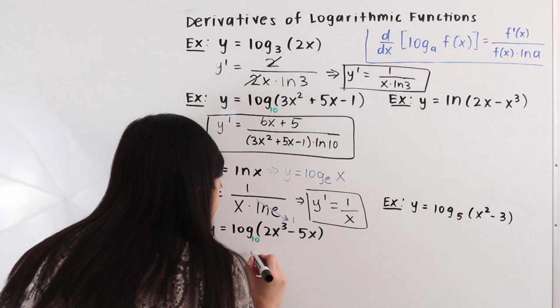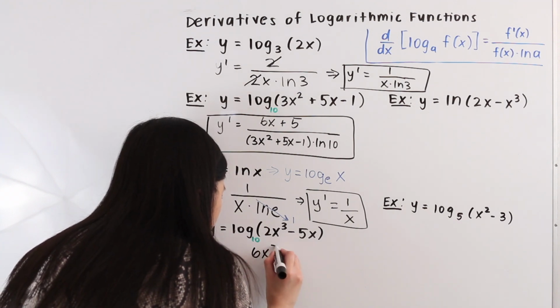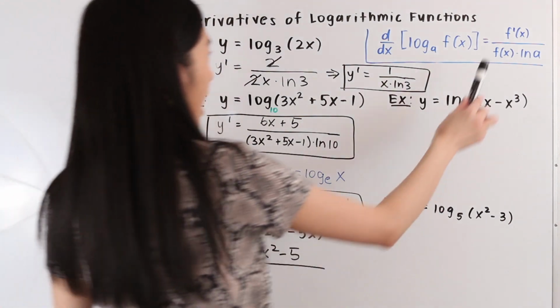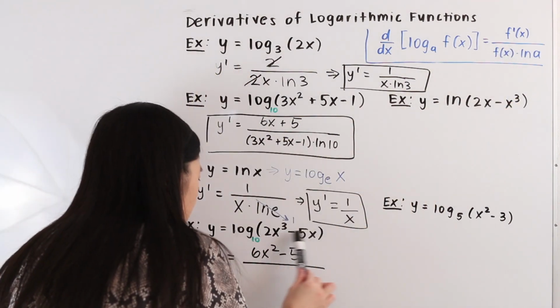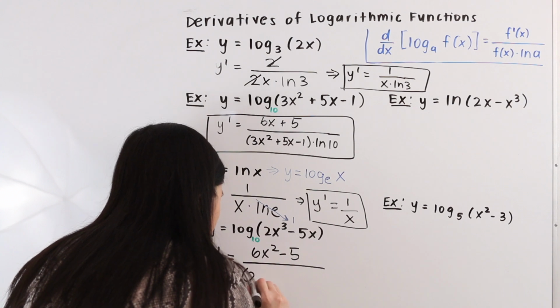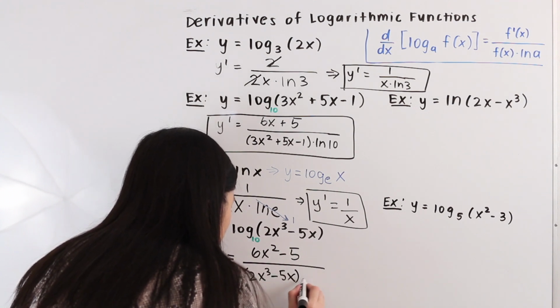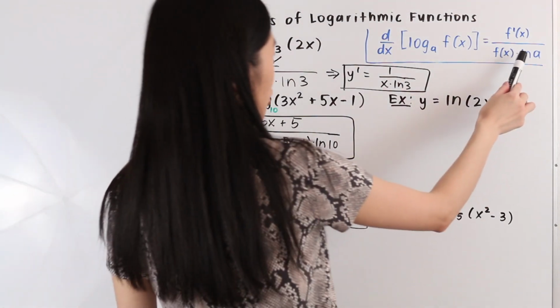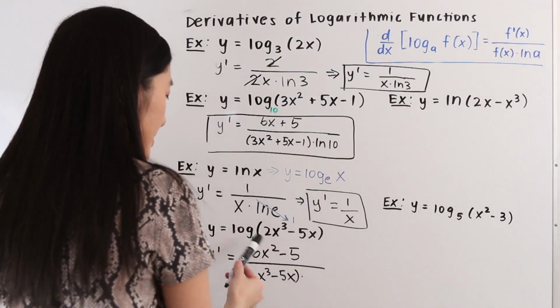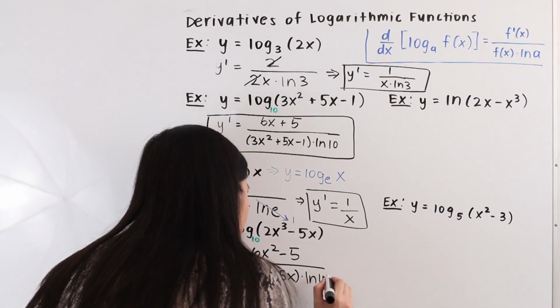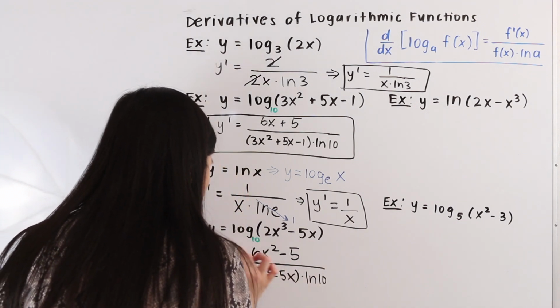So using our power rule, we have 6x squared minus 5, and this is over f of x, so we need to rewrite this function here. So we have 2x cubed minus 5x, and then we're going to multiply by the natural log of our base. So here our base is equal to 10, so we're going to multiply by the natural log of 10. And this is our final answer.